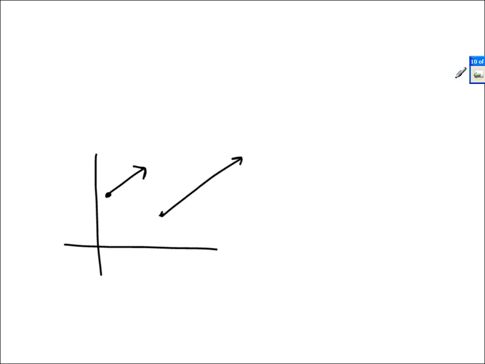Now, what would it mean if two vectors are parallel to one another? For example, this vector and that vector are parallel to one another.